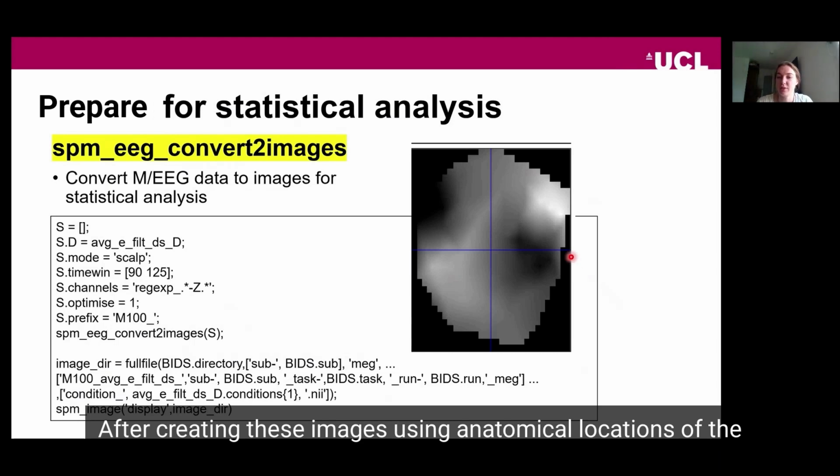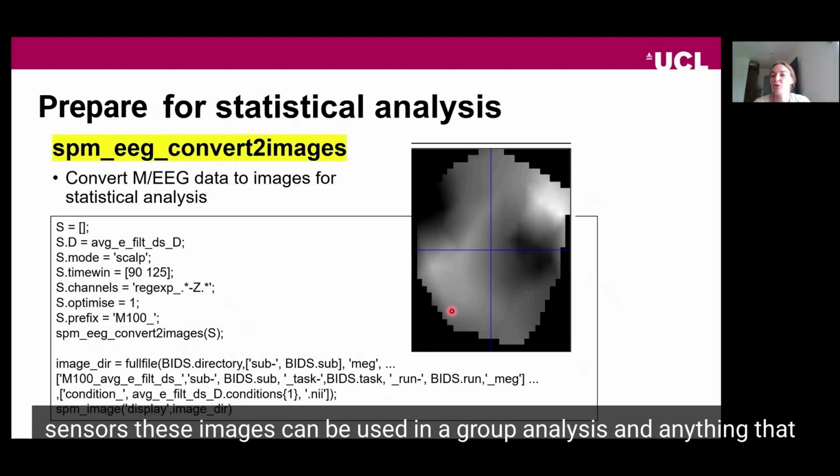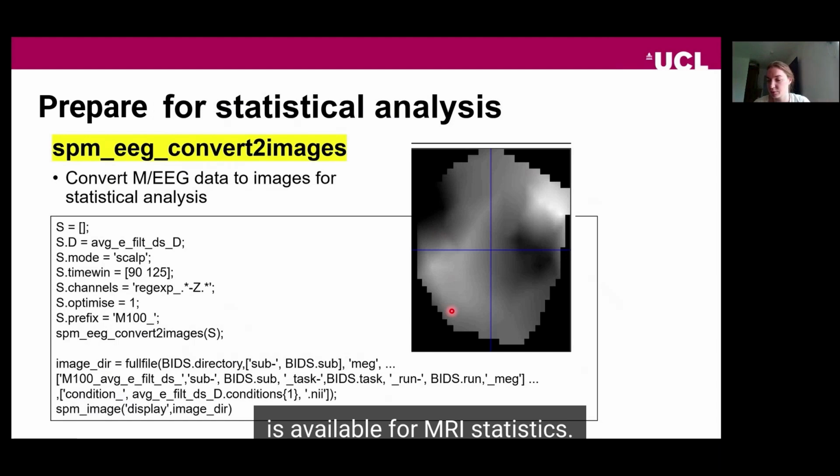These images can be used in a group analysis, and anything that is available for MRI statistics can be used for these images.